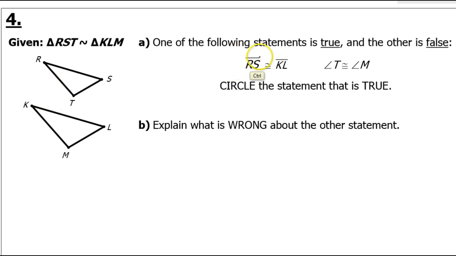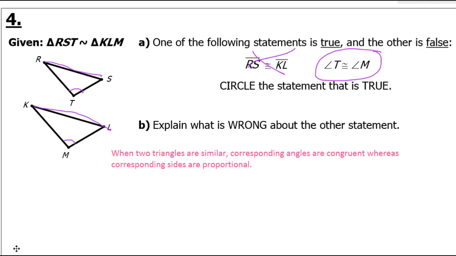They are proportional. So, when it says RS is congruent to KL, that's nonsense. These are corresponding sides, RS and KL, but they are not congruent, they are proportional. Only the angles are congruent. So sure, angle T and angle M are indeed congruent. So this is true.